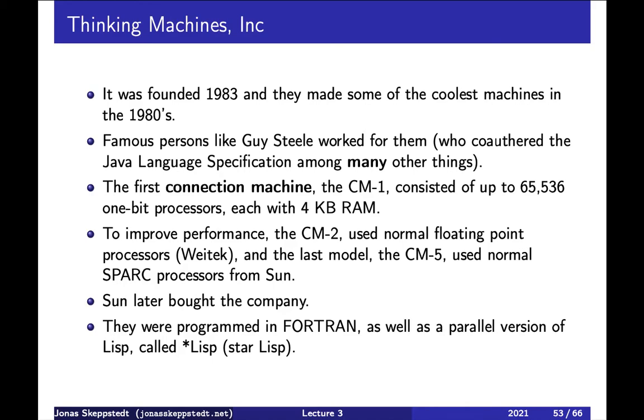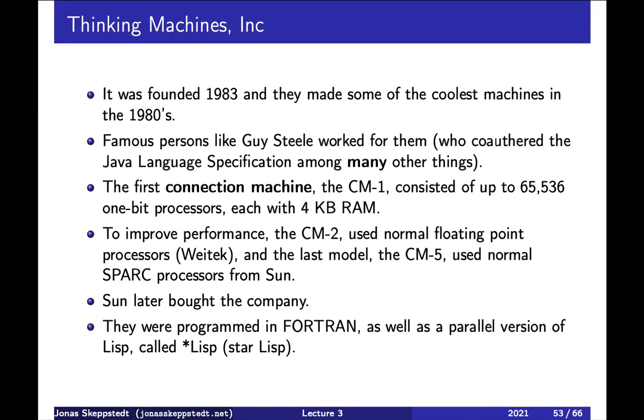Okay, so it turned out that the performance was not good enough, and they used normal floating point processors in their next machine. And in the last machine, they used normal RISC CPUs, in this case from Sun, which later bought the entire company.